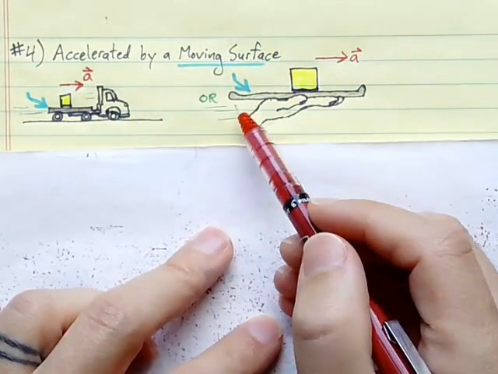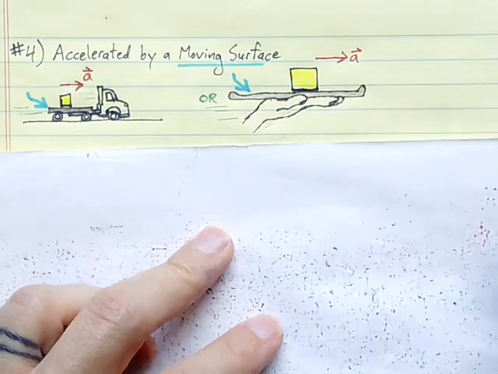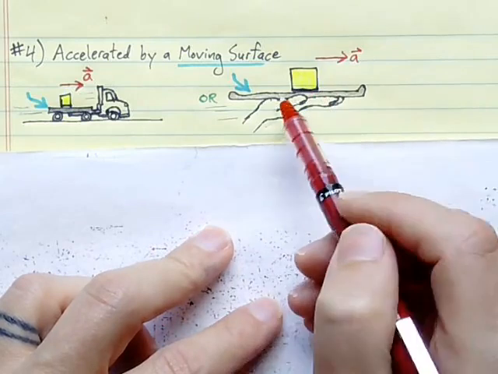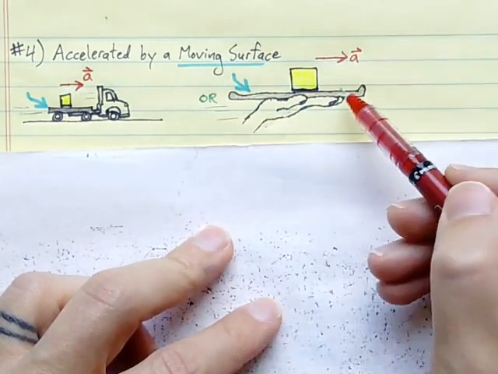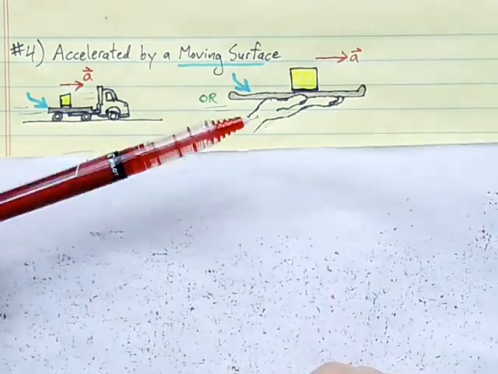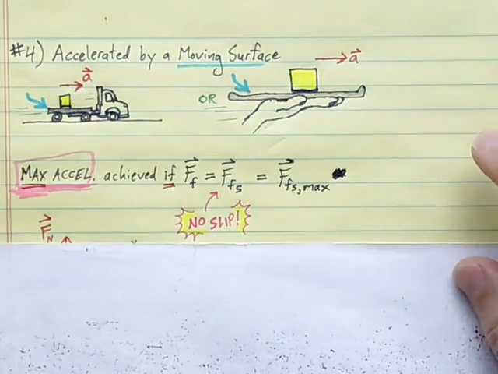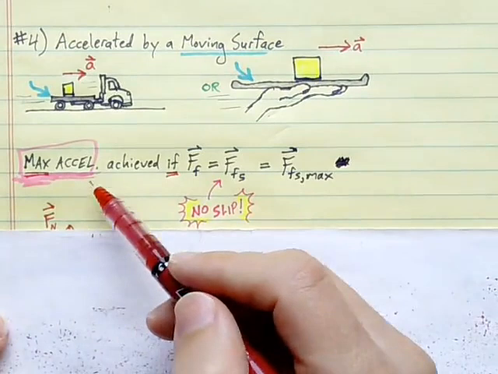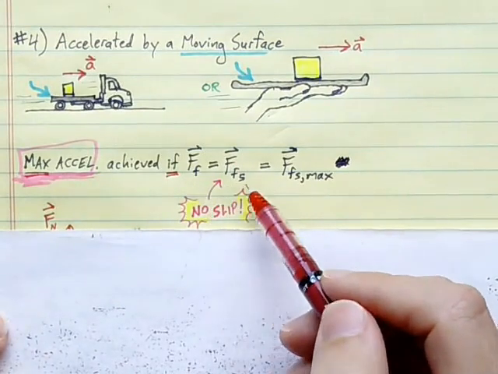Similarly, if you're carrying a tray and you've got something sitting on that tray, well, your hand is not directly touching that box. Your hand is not pushing it forward. It's static friction between the box and the tray, the moving surface, that is accelerating that box forward. So in either of these situations, the max acceleration that we can achieve will occur if static friction is maxed out.